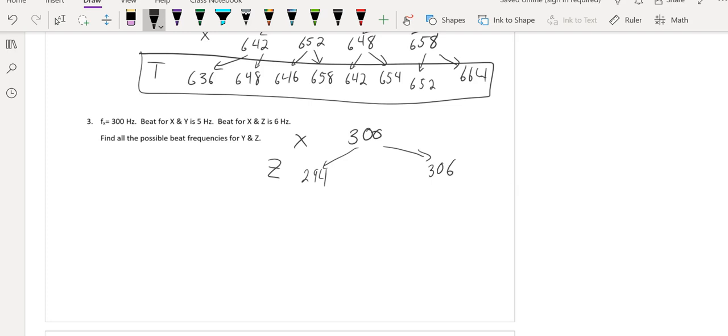But now we have X and Y is 5. So that would be 295 or 305.